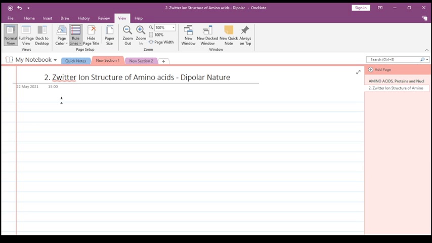Good afternoon, dear students. Today we are going to discuss the zwitterion structure of amino acids. So far, till yesterday, we have discussed the definition of amino acids and different types of amino acids, their classification based on the number of acid groups and basic groups, based on the position of the amino group, and also based on their activity, that is essential and non-essential amino acids.